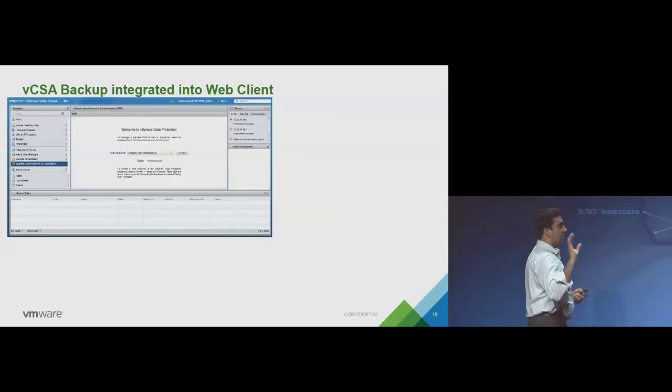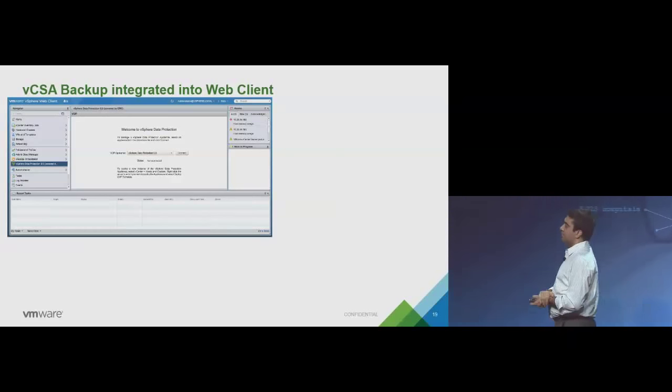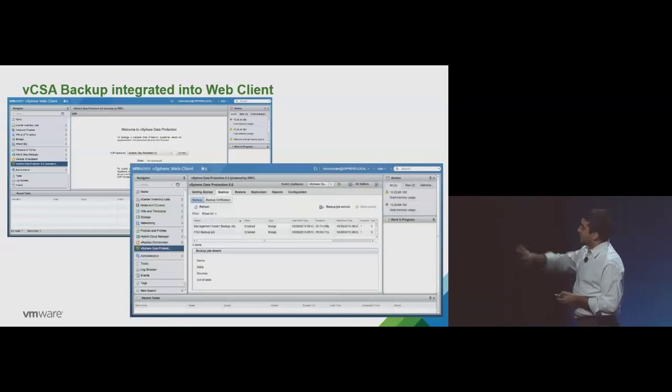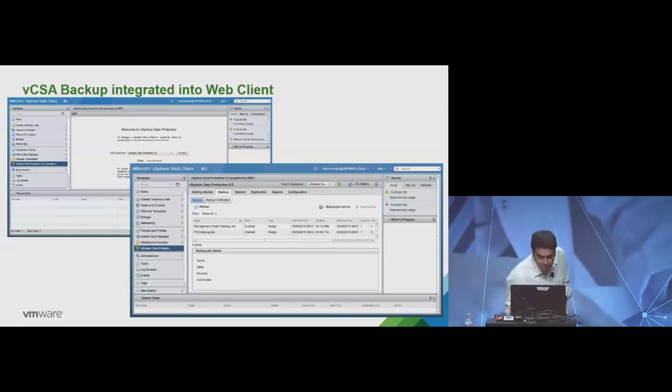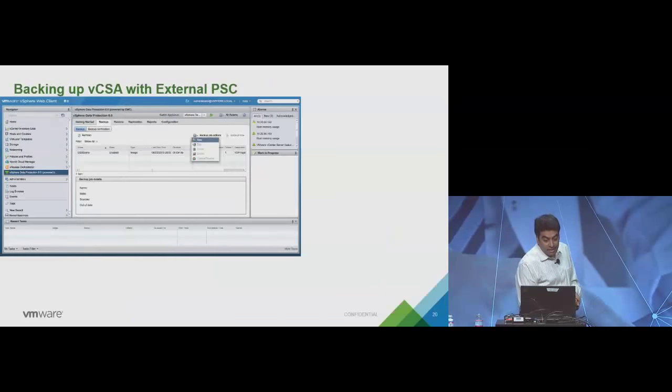If you go to the web client, you can configure VDP, and you can just say connect to my VDP instance, and that would basically give you the backup management solution within web client itself. You can go and take backups. Here you can see, there are a couple of backup jobs already scheduled. You can create a new job.